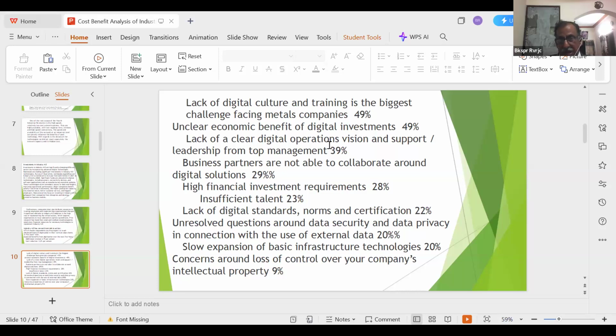Unresolved questions around data security and data privacy connected with the use of external data is 20%. Slow expansion of basic infrastructure technologies, 20%. Concerns around the loss of control over companies' intellectual property is 9%.